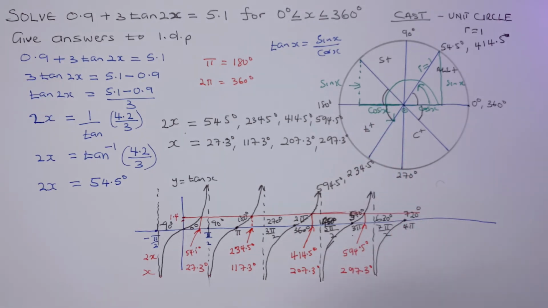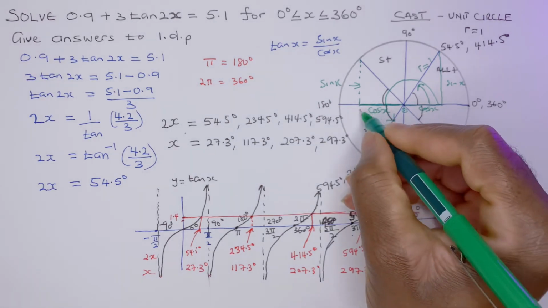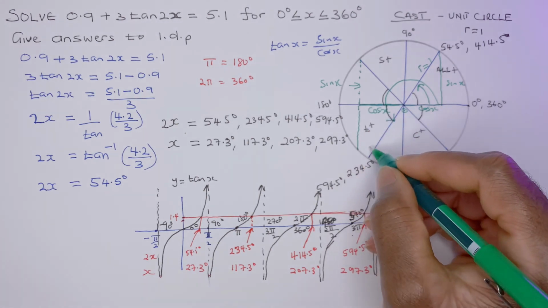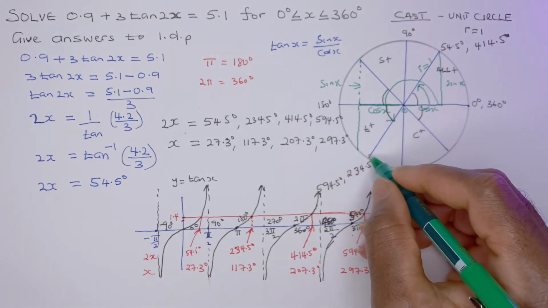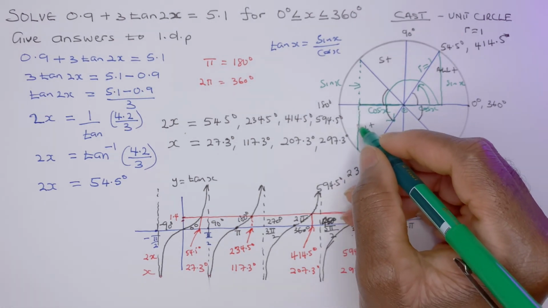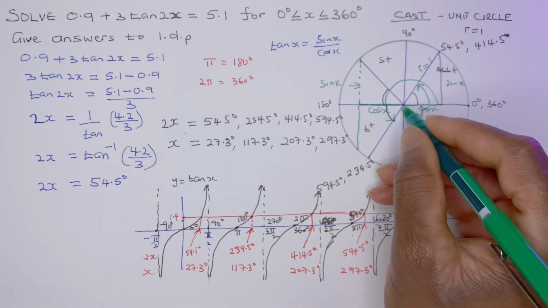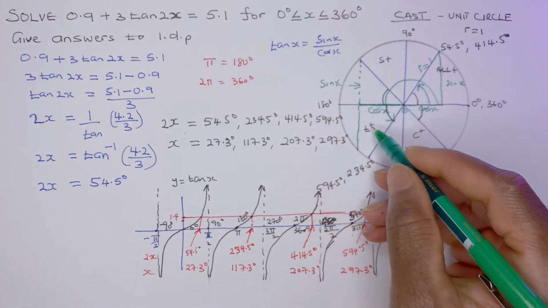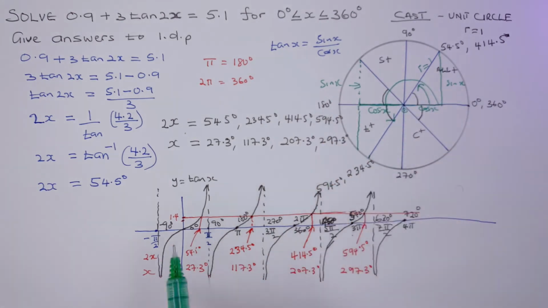So you can see if sine is positive here and cos is negative, tan will be negative. Here, sine x will be negative because it's coming down. Actually, I didn't draw it properly, so it should be coming down to there. So sine x, if it's coming down, will be negative, and cos is negative. So negative over negative gives a positive value. So that's why tan is positive there.